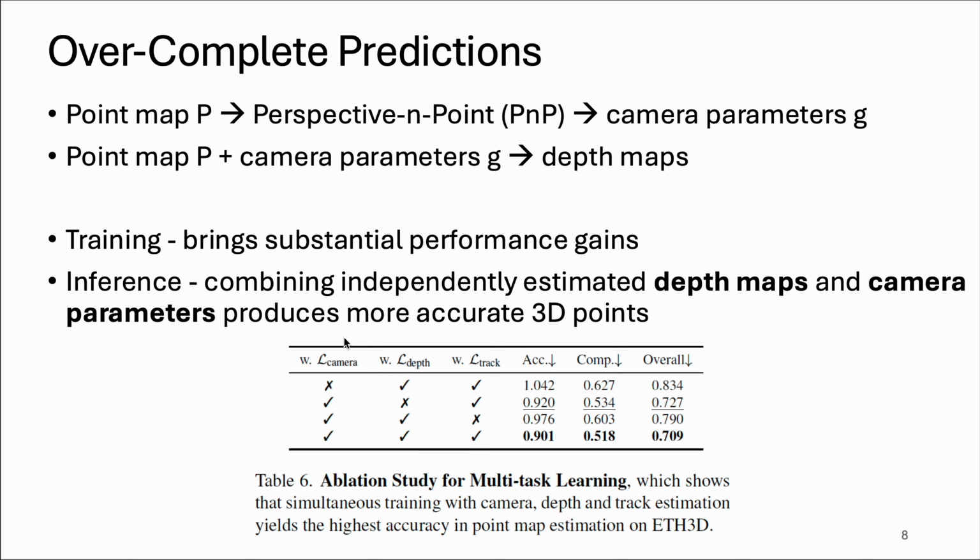In the ablation study they tried different combinations of these output settings, with or without camera parameters, with or without depth map, or the track. They tried all 12 combinations, and observed that with the current settings, these 4 outputs, the algorithm achieves the best performance. So this is what this paper used.